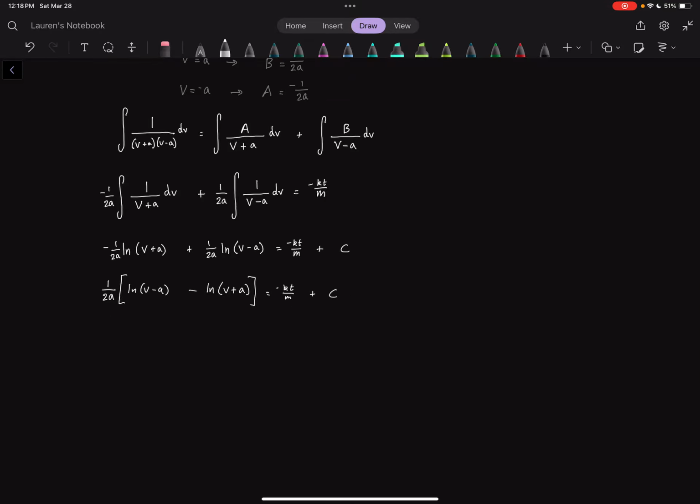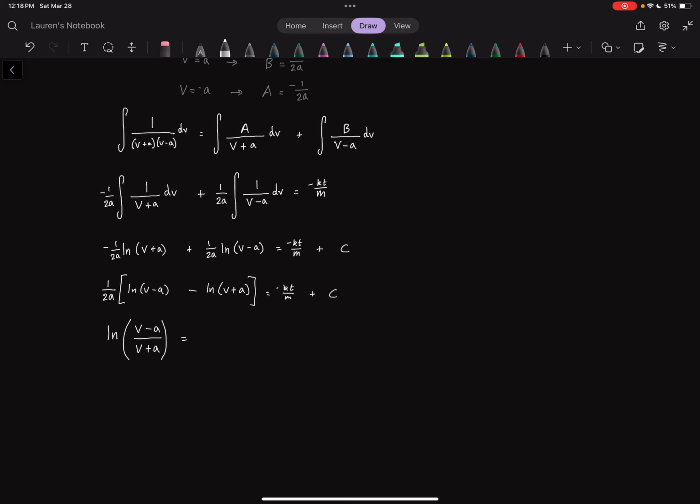We can move that 2a over if we want, and the subtraction of logs means that we can stack them. So natural log of (v minus a) over (v plus a), right?